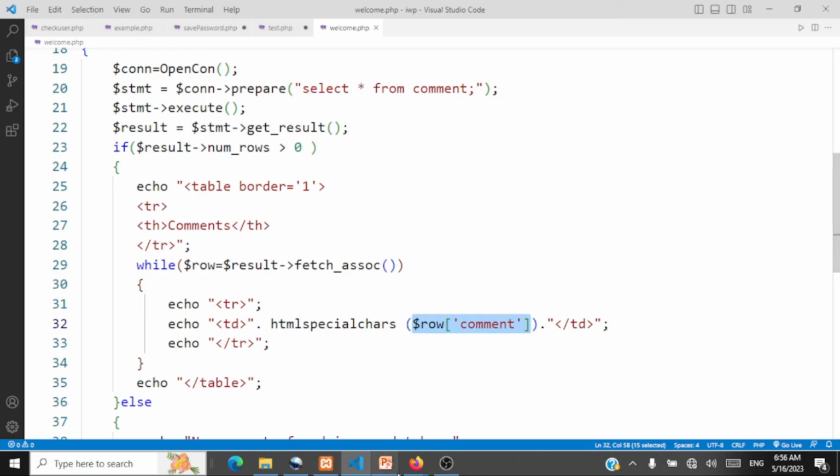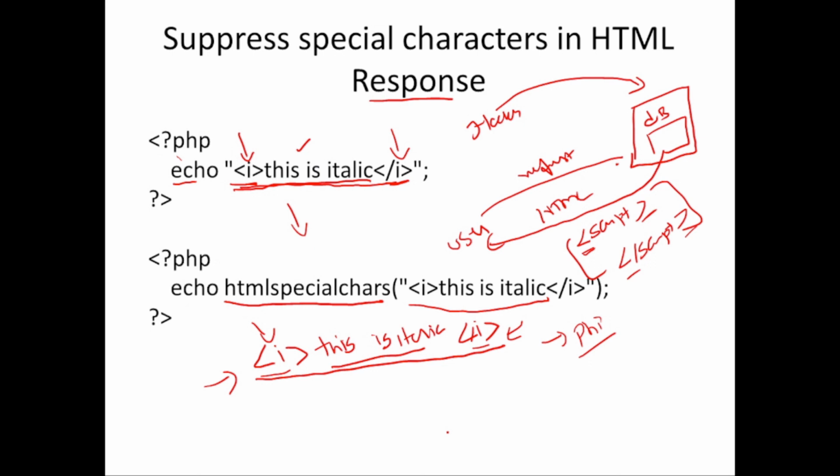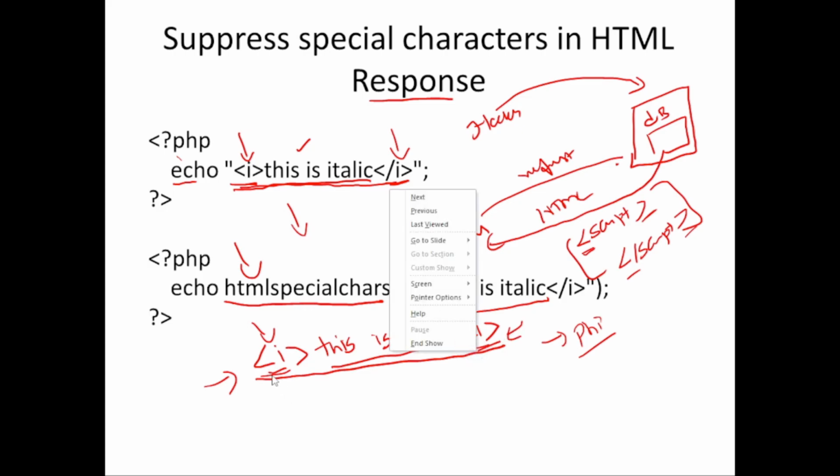So what we understand here is to make sure you use functions like this that will sanitize the response. So you're not sending tags, you're just sending content to be displayed on the browser. A very important feature that can help prevent execution of scripts planted on your systems on the client machine.